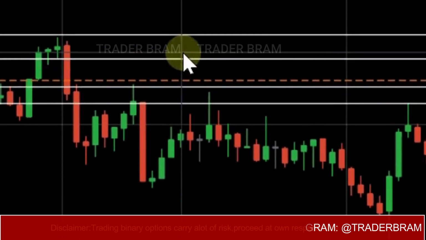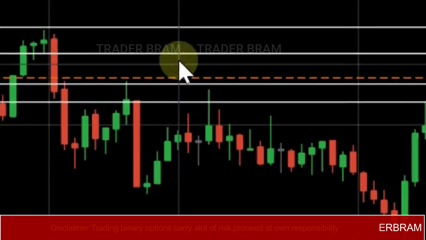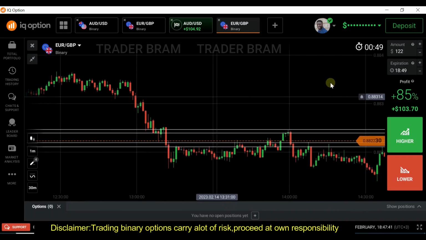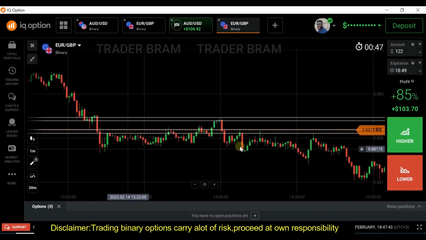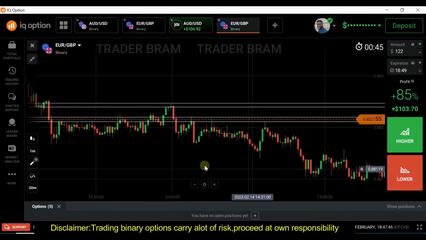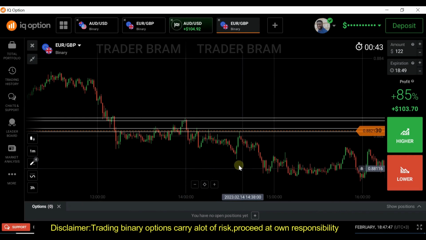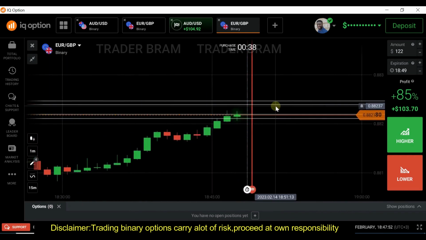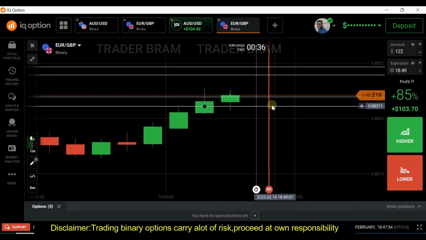So you need to understand not all levels of support and resistance will work, and we will not use all levels of support and resistance. You just need to check on significant levels, and that one comes with skills.